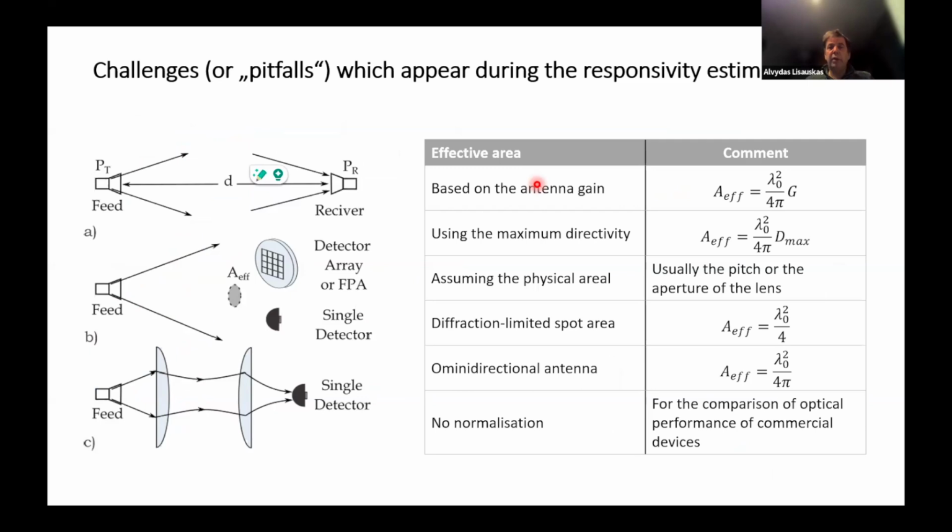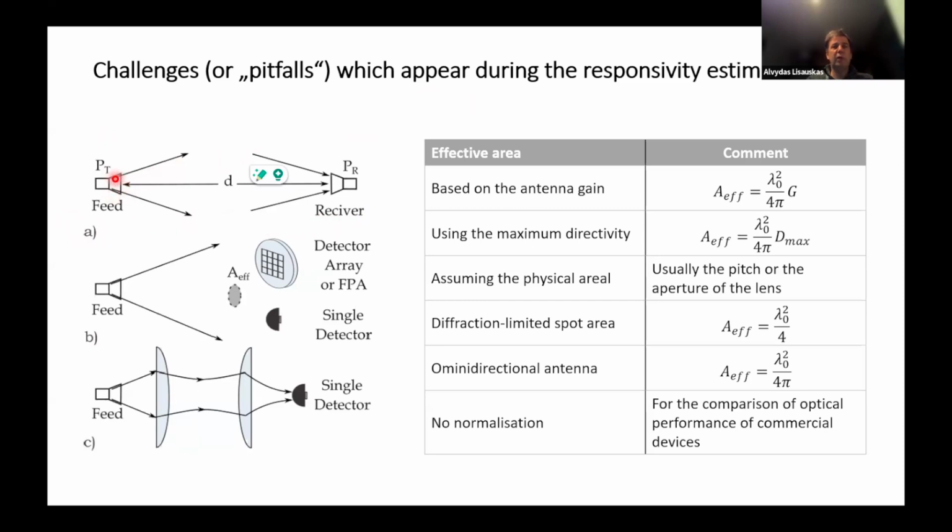A very general challenge, no matter which phenomena we are talking about, is how do we actually measure experimentally the responsivity or NEP of our device. If we address case A, this is standard for microwave people or radar-based people. One has a lot of power, usually you don't care so much.